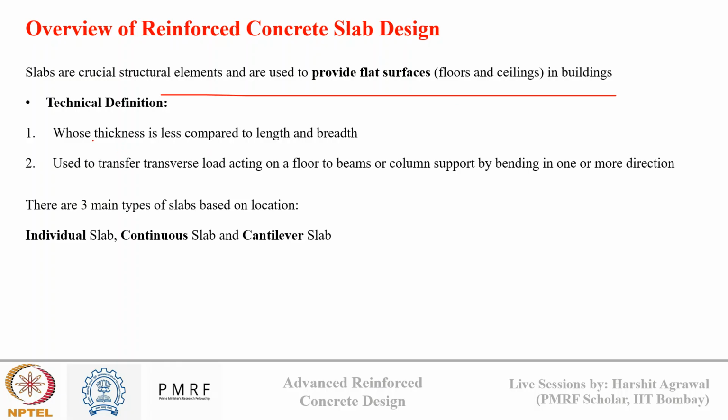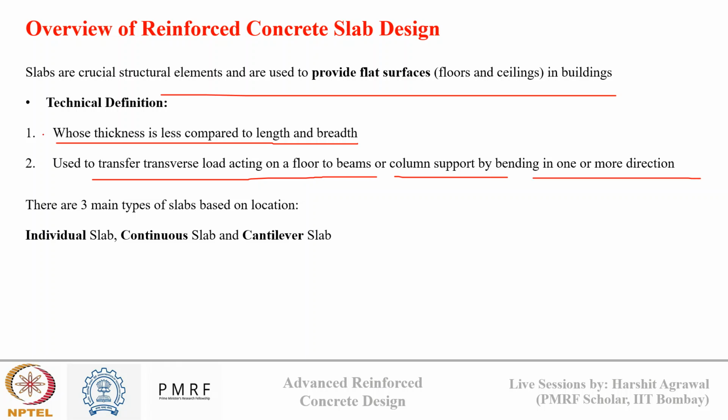First, their thickness is comparatively less than the length and the breadth of the section. And second, they are used to transfer load acting on the floor to beam or column support by bending in one or more direction. So these two are basic points which can help us to define how a reinforced concrete section can be set as a slab. These are key points related to slab.